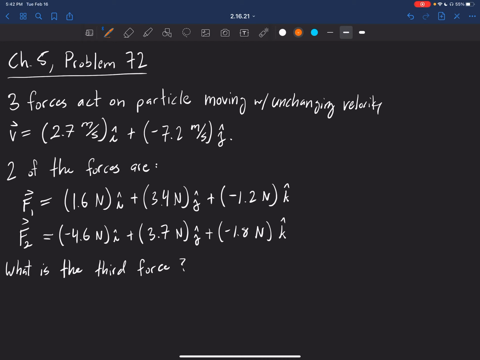So the first clue that we can use is that the velocity is unchanging, which means that it is a constant, maybe a nicer word for it. And when the velocity is constant, that means there is no acceleration.